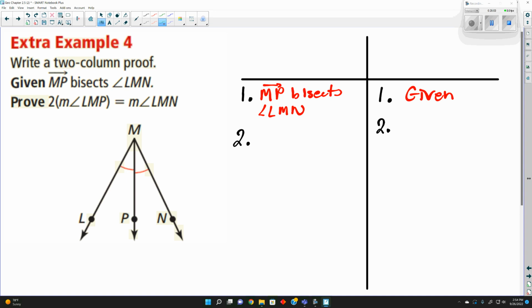Congruent. So we know that angle LMP is congruent to angle PMN. Now we could have named them, instead of LMP, we could have named it PML, or instead of PMN, NMP. Those are the same.